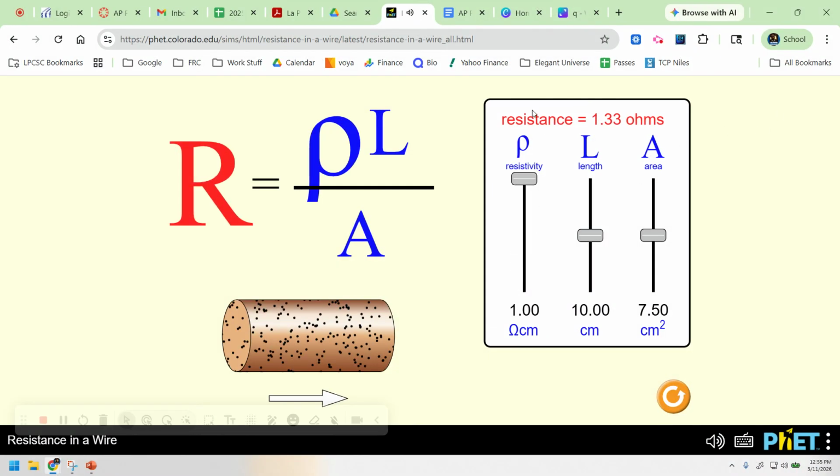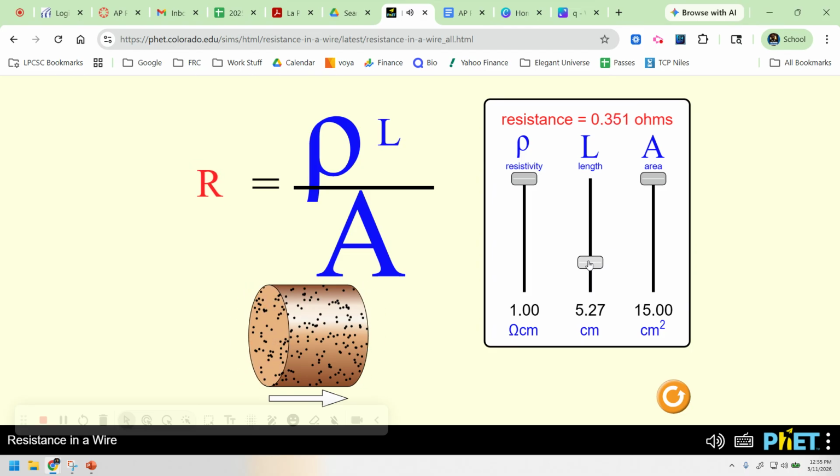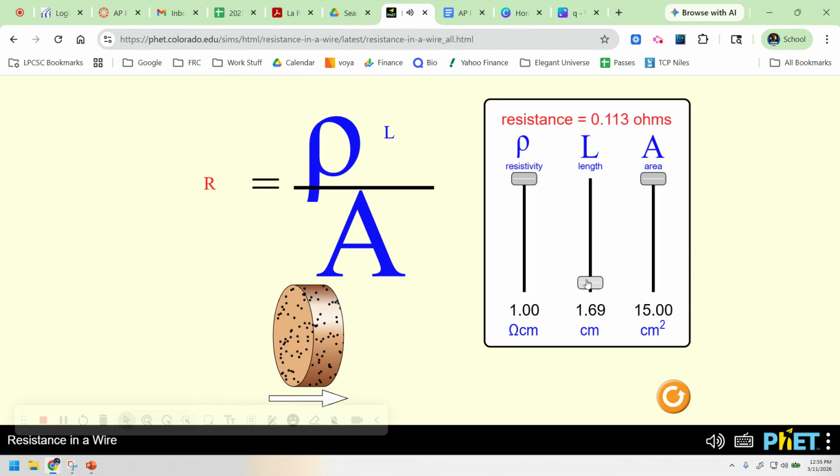But if I have a lot of resistivity, that's okay. If I increase the cross-sectional area, and this is a cross-sectional area of 15 centimeters squared, notice that my resistance goes down. If I wanted to manipulate my resistance and have it go down more, I just lower my length, okay?